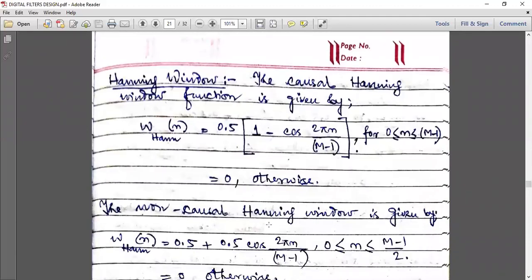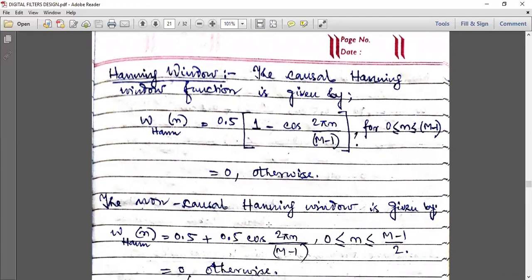In the Hanning window, the causal Hanning window function is given by W_HANN(n), I told you, equal to 0.5 into 1 minus cos 2 pi n by (M minus 1) for n greater than or equal to 0 and less than or equal to M minus 1, or w(n) equal to 0 otherwise.